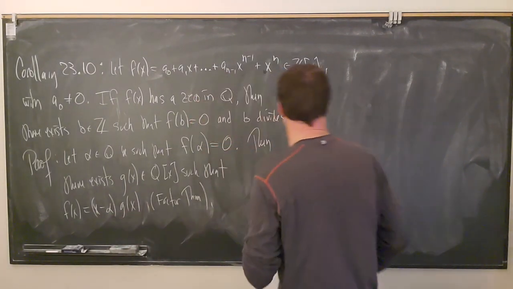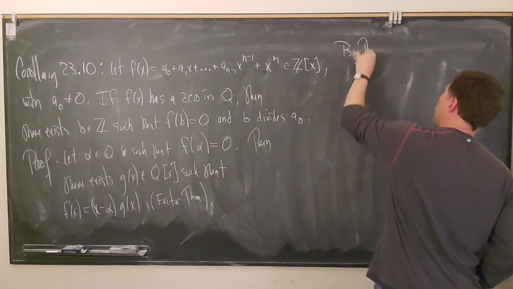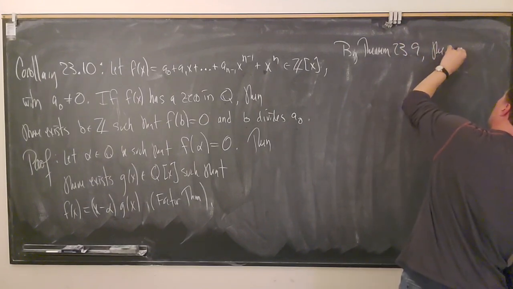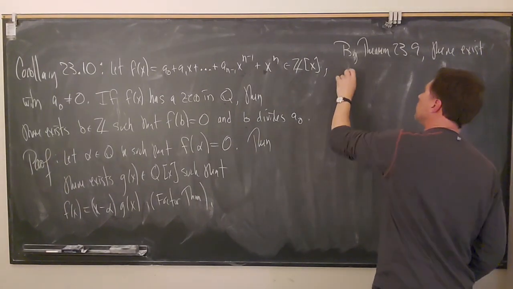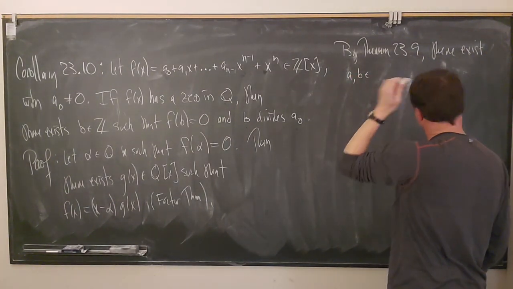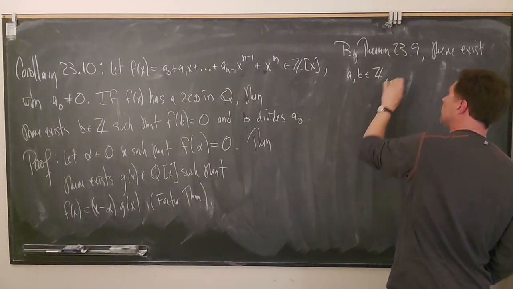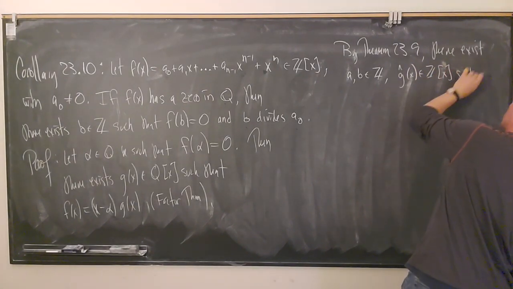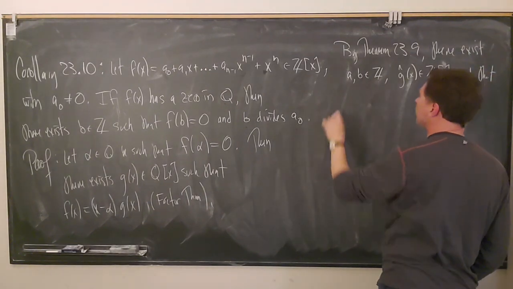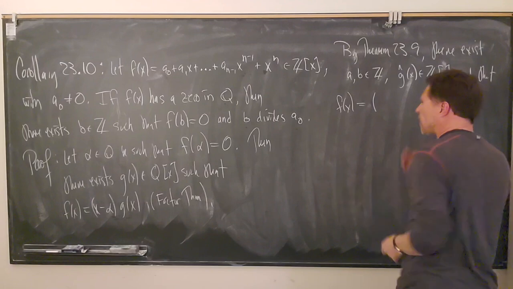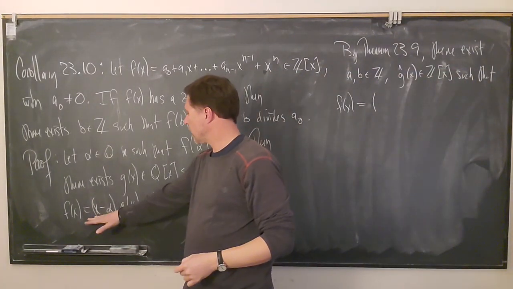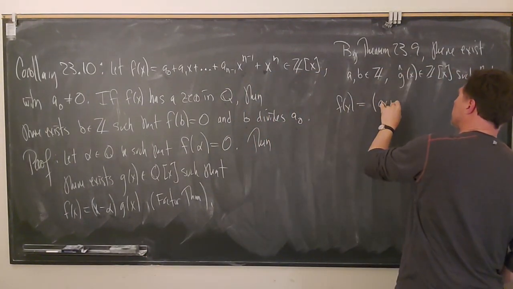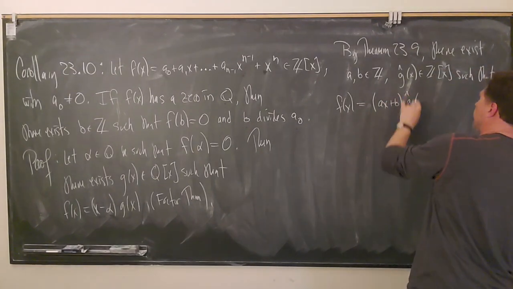We know that we can factor it over Z. So by theorem 23.9, there exist little a and b in Z, and, let's say, g hat of x in Z bracket x, such that f of x factors as, so we've got a degree 1 polynomial over Q that's going to be replaced by a degree 1 polynomial over Z, and so that would look like ax plus b, times g hat of x.